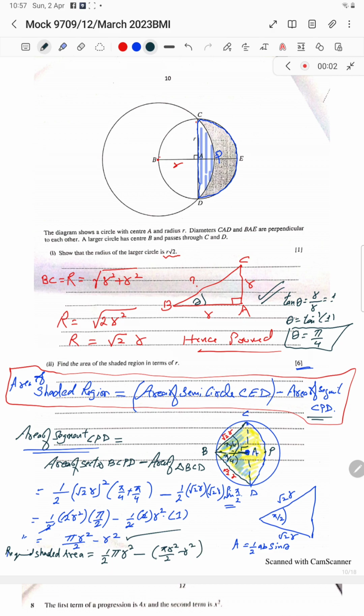If you open the bracket, the first two terms will cancel out and you will get r square. That is the answer in terms of r.